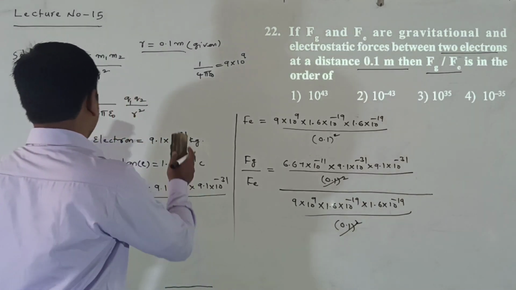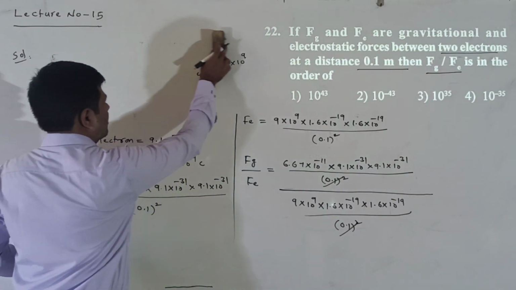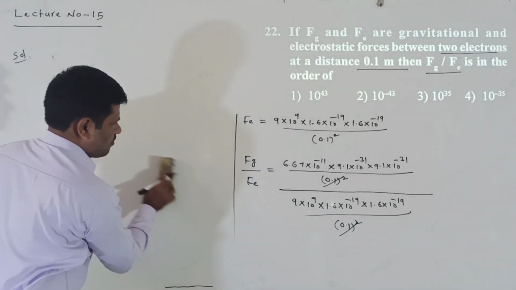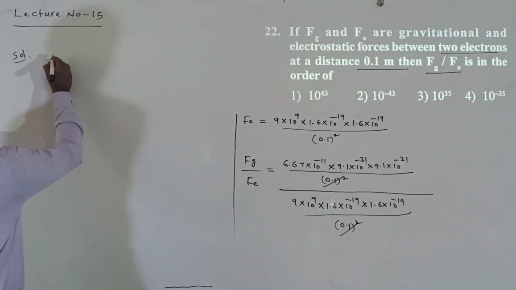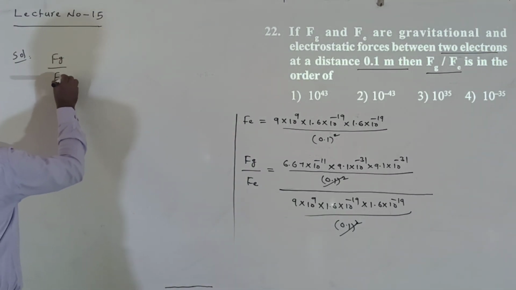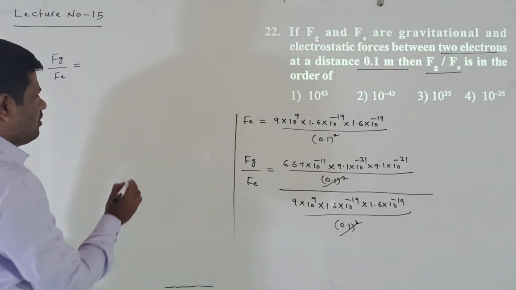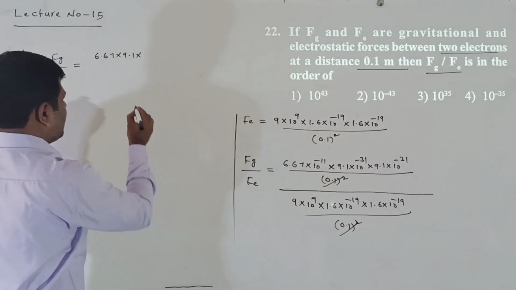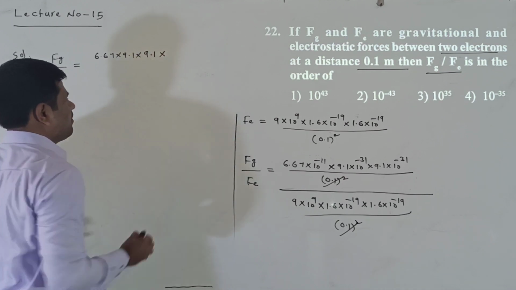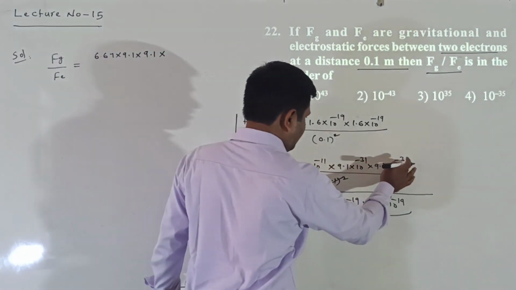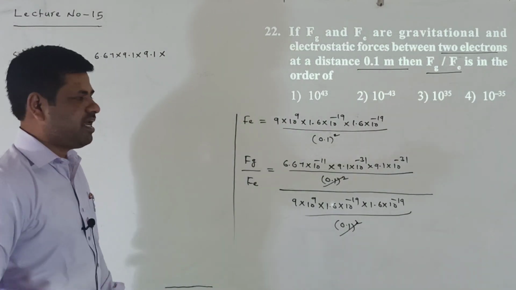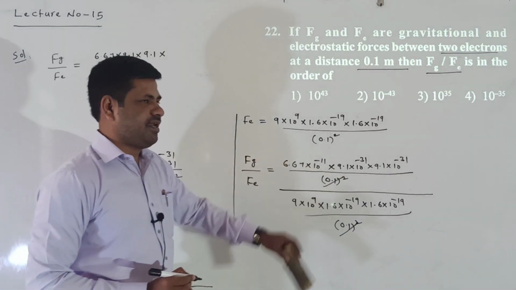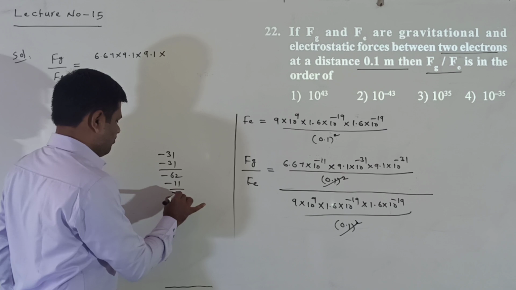Right, now Fg by Fe equals 6.67 × 9.1 × 9.1, with the powers: minus 31 and minus 31 is minus 62, and powers can be added, next minus 11, so we get minus 73.